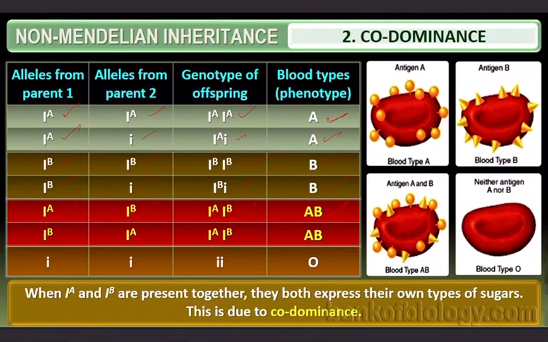Next, parent side, one of the parents IA, another parent IB, the combination is IA, IB in the embryo, the child is going to definitely become blood group AB person. Similarly, one parent IB, another parent IA, reverse we are talking, okay? Then still it is IA, IB, the embryo or the child offspring is going to have AB blood group.